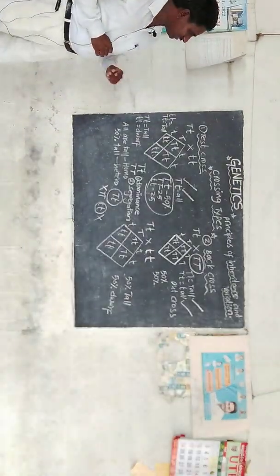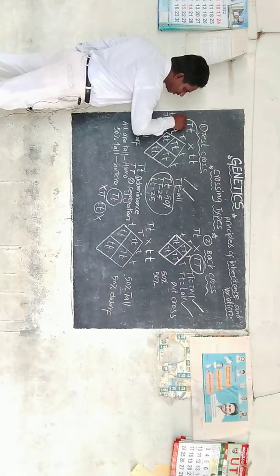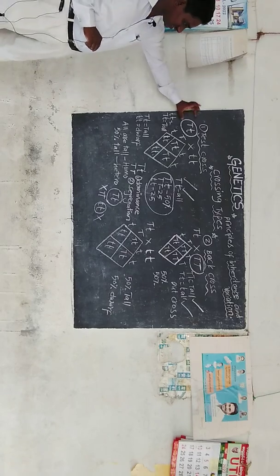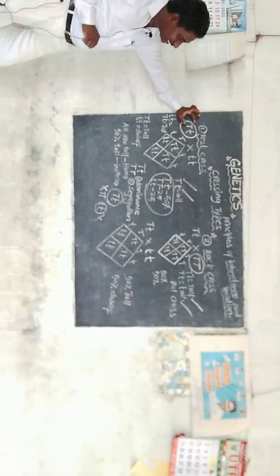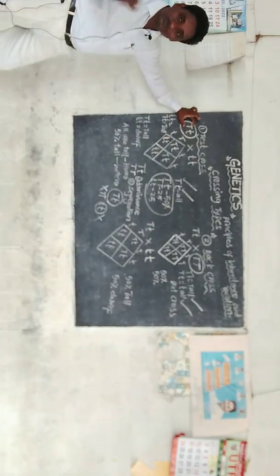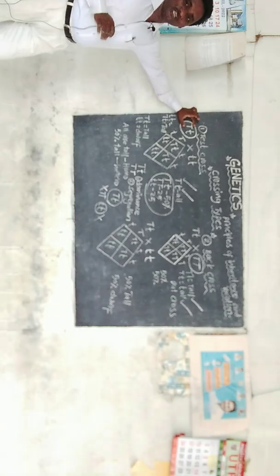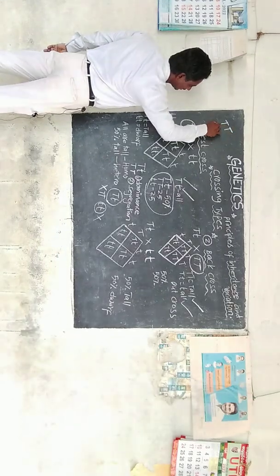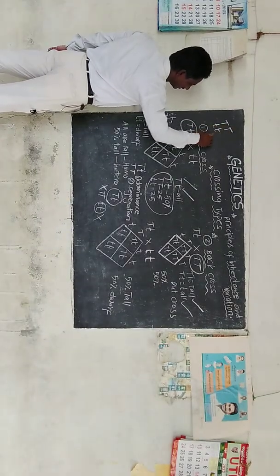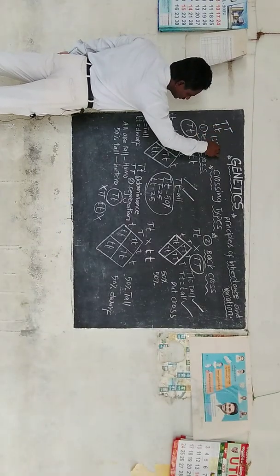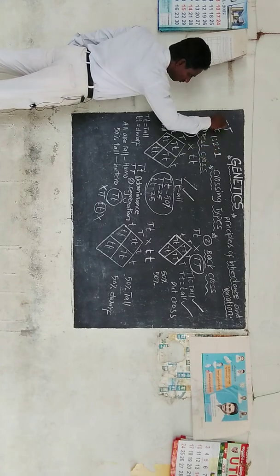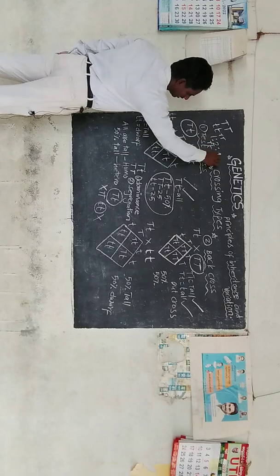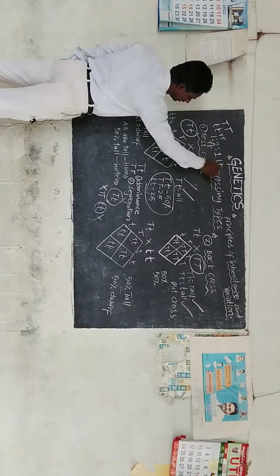According to our observation, the dominant character is expressed in the first generation after cross fertilization, and then what about the recessive one? We have already seen 1:2:1. 1 means capital T capital T, 2 means capital T small t, 1 means small t small t.